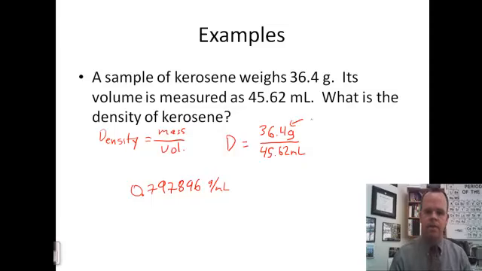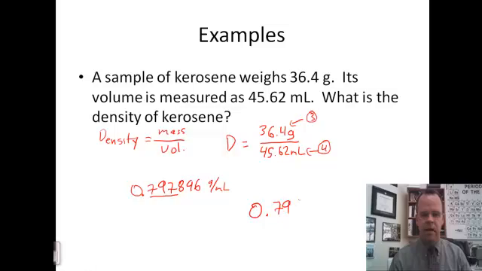We're going to look at this first number, 3 significant figures. The second number, 4 significant figures. We're dividing, so we round to the least number of significant figures, so 3. So our answer can have 3 significant figures. We'll round based on the 8. So our correct answer is 0.798 grams per milliliter.